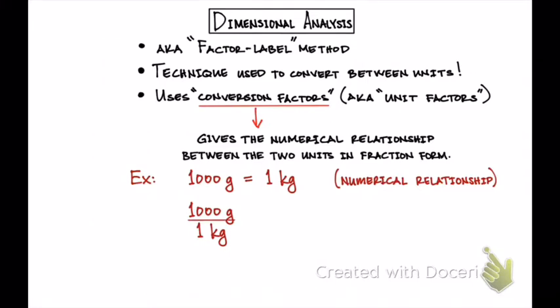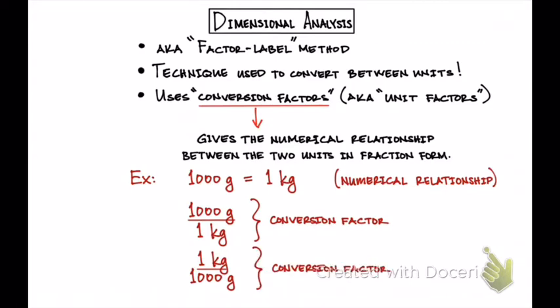You have 1,000 gram per 1 kilogram. Okay, and so this is one conversion factor. And the other way to write this is to take the inverse of this. So you would have 1 kilogram in the numerator and then 1,000 grams in the denominator. So this is another conversion factor.